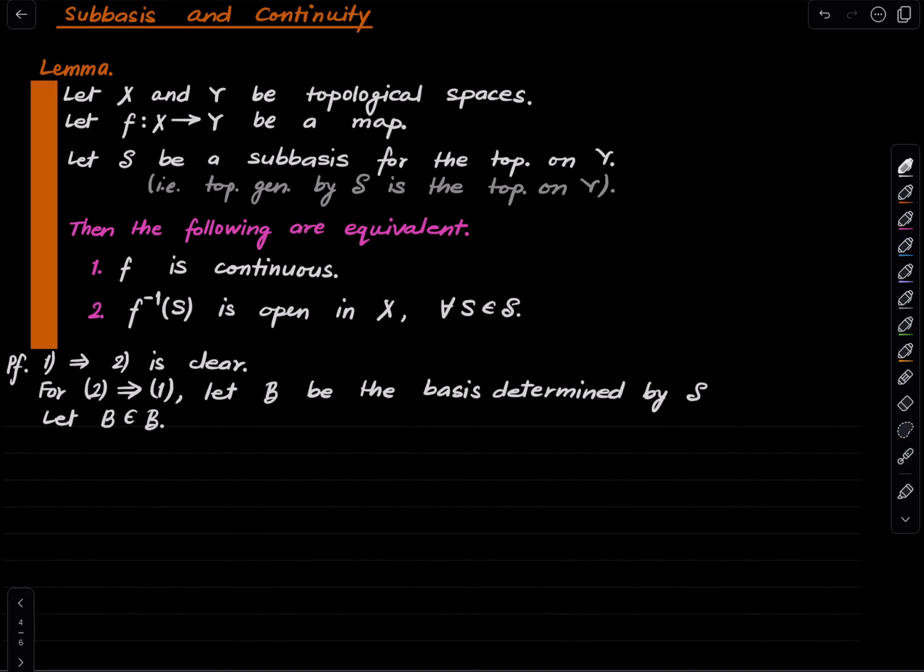Now by the previous lemma we know that the topology generated by this is the same as the topology generated by that, so now we pass the buck to bases.